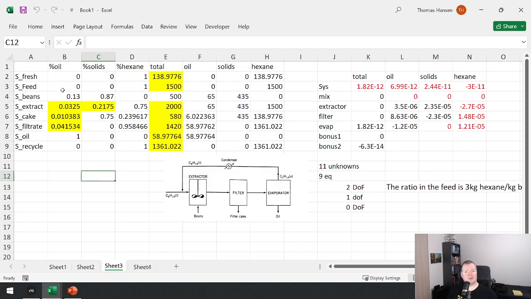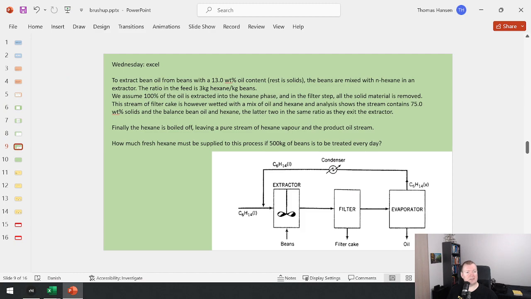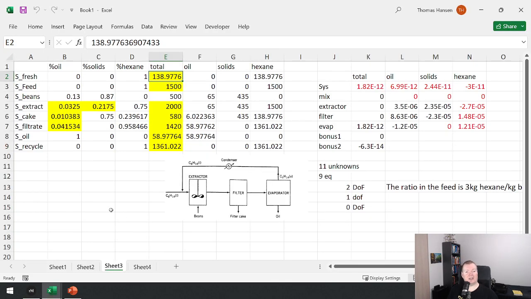And we just go to our fresh and say, well, I need to supply 138.9, so 139 kilograms of hexane for every day. So every day I need to buy 139 kilograms of fresh hexane, and it will leave me with 59 kilograms of oil.